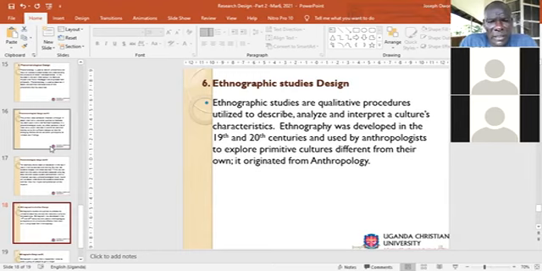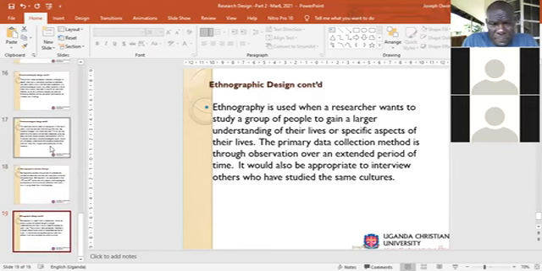So this ethnography design came out because anthropologists who had come from the West had come to study cultures in the South, in the African continent, and they wanted to understand them. So that's where the concept of ethnography design comes from.